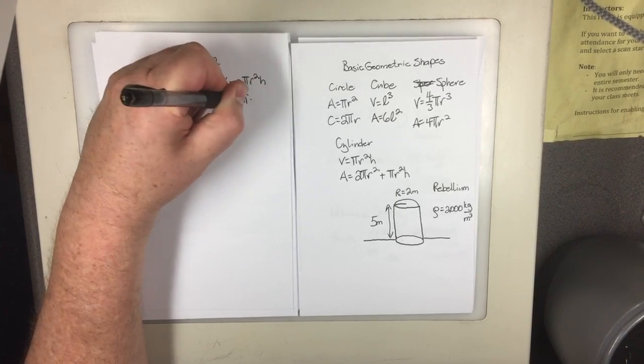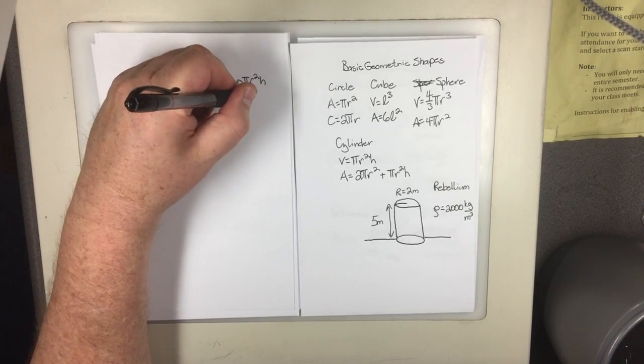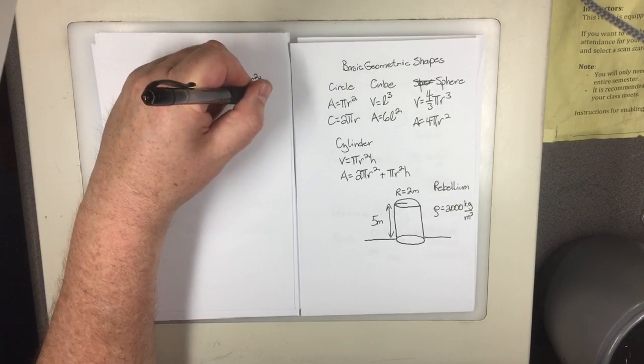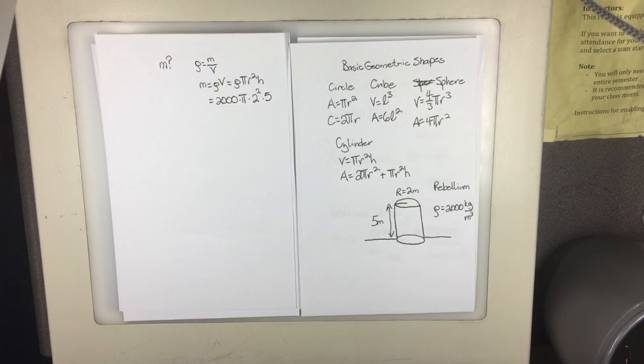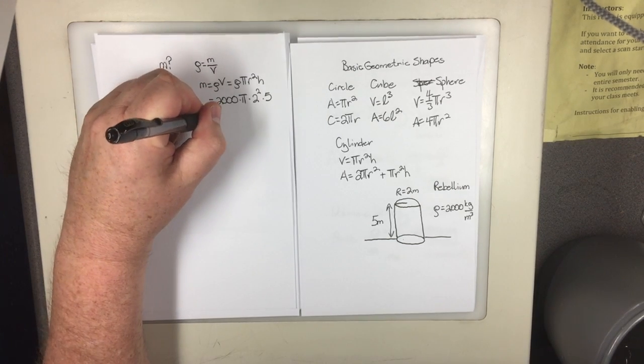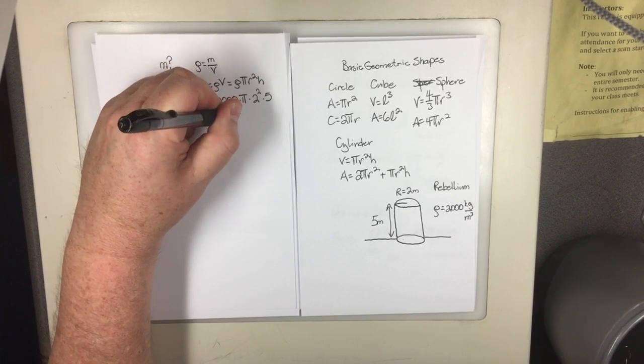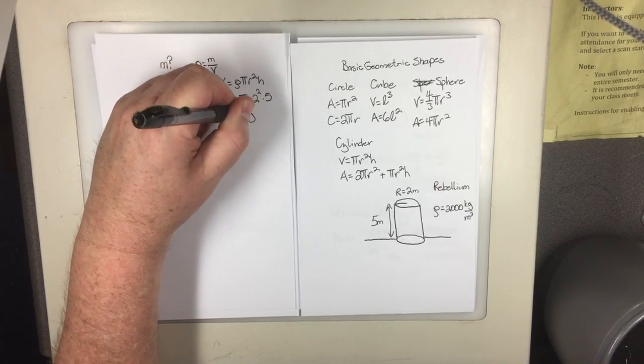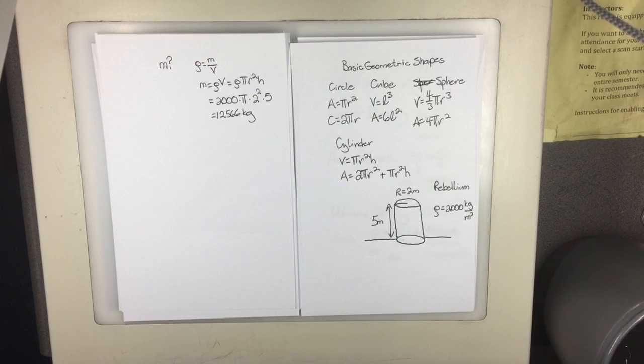So pi, r, and h, 5, and this means what do I have? 12,566 kilograms. So that's the mass of that object.